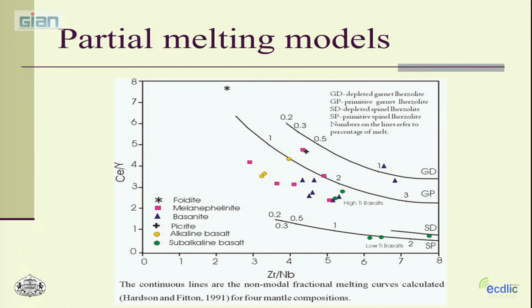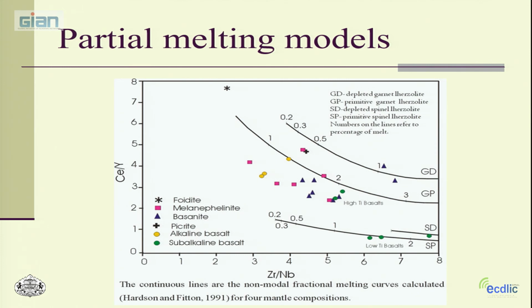So the continuous lines are non-modal fractional melting curves calculated for 4 mantle compositions, that is basically your spinel peridotite, spinel dunite, garnet peridotite and garnet-bearing dunite. And in that, most of your data plots at a shallow depth.